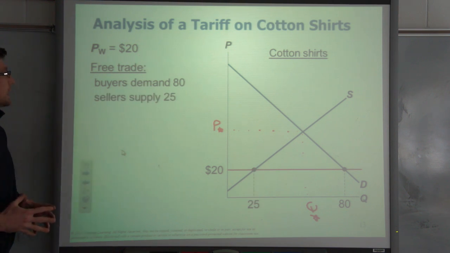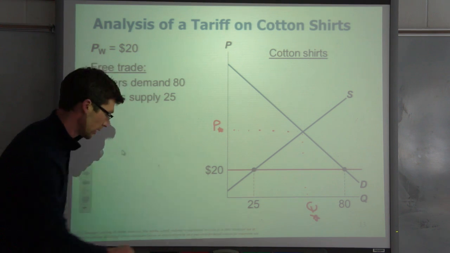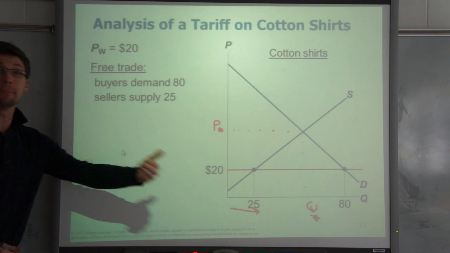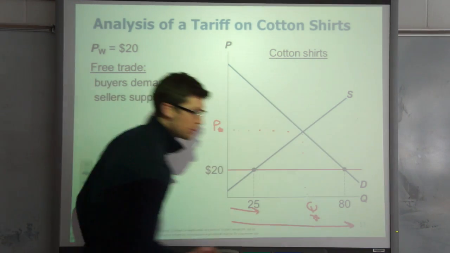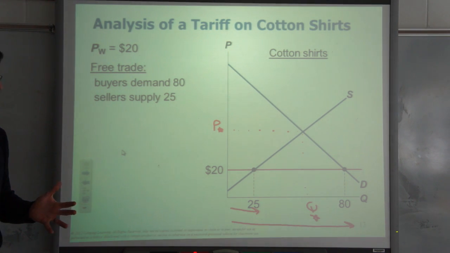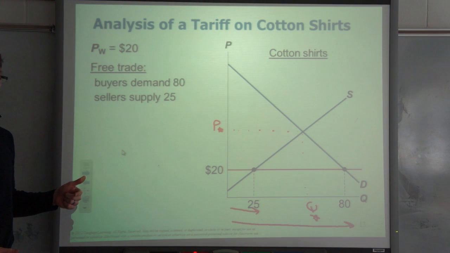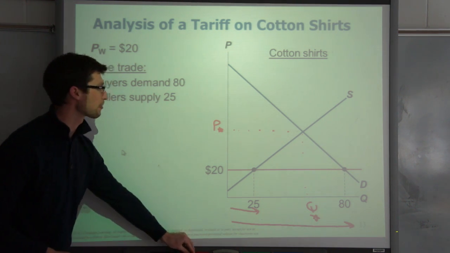So what we find is when we engage in free trade, 25 units are going to be produced by Americans. However, 80 units are going to be consumed by Americans. The 55 are going to be imported from outside the United States because they simply do it better.